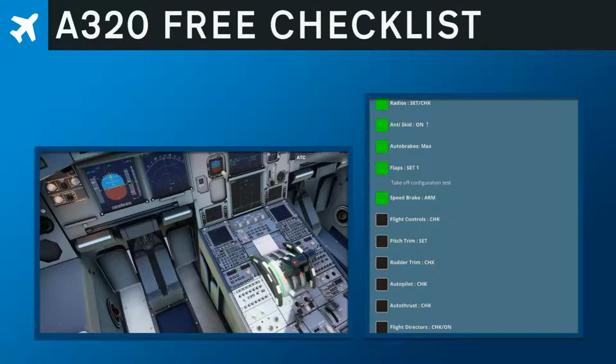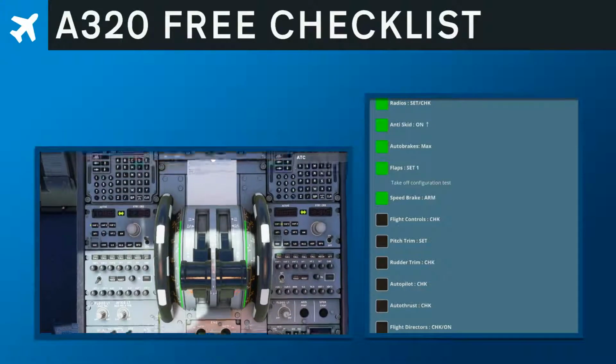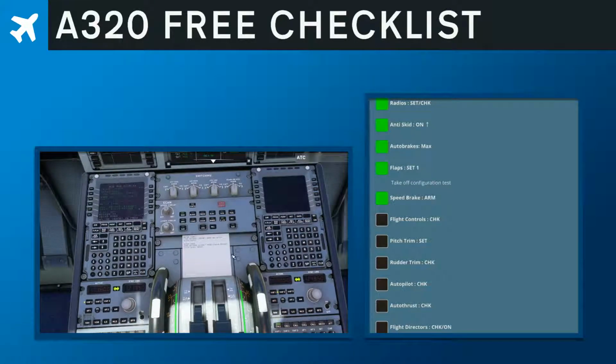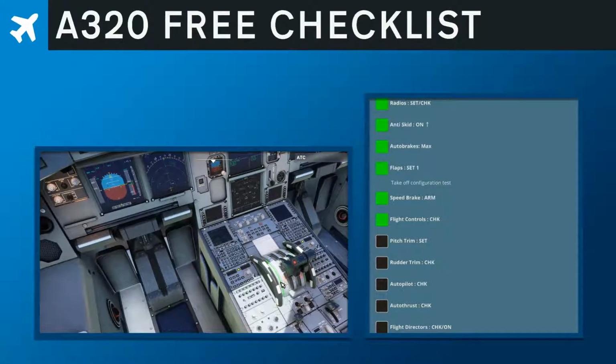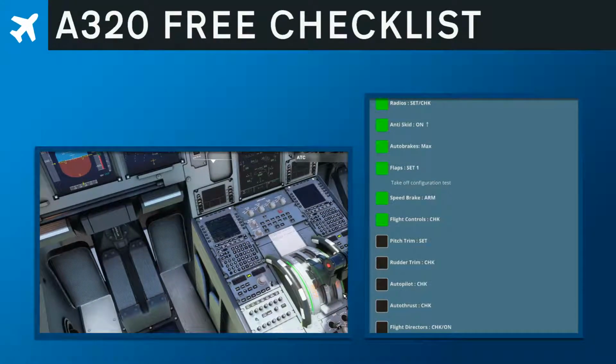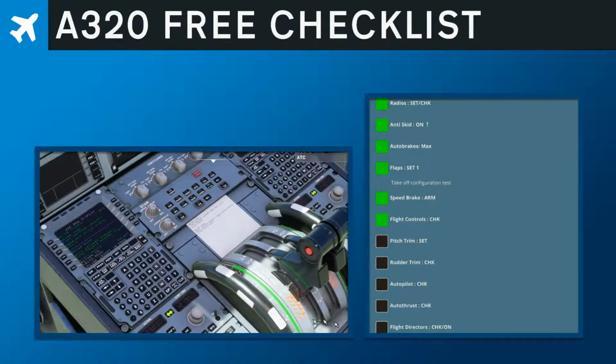Flight controls we need to check. So flight controls, and we can check that we've got full deflection on all surfaces, which we have. And now we need to set the pitch trim, which we want to be 1 up, which we've set.